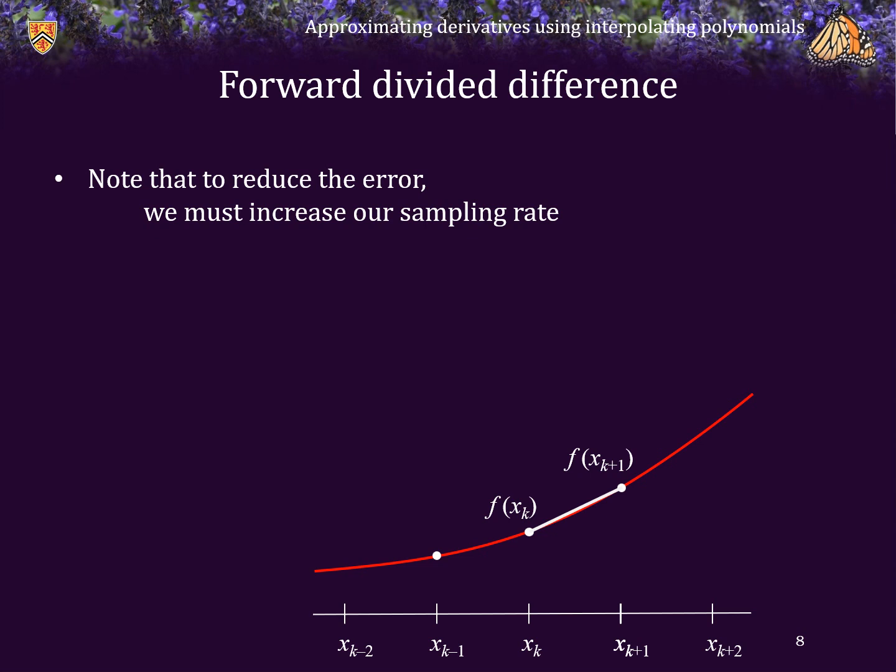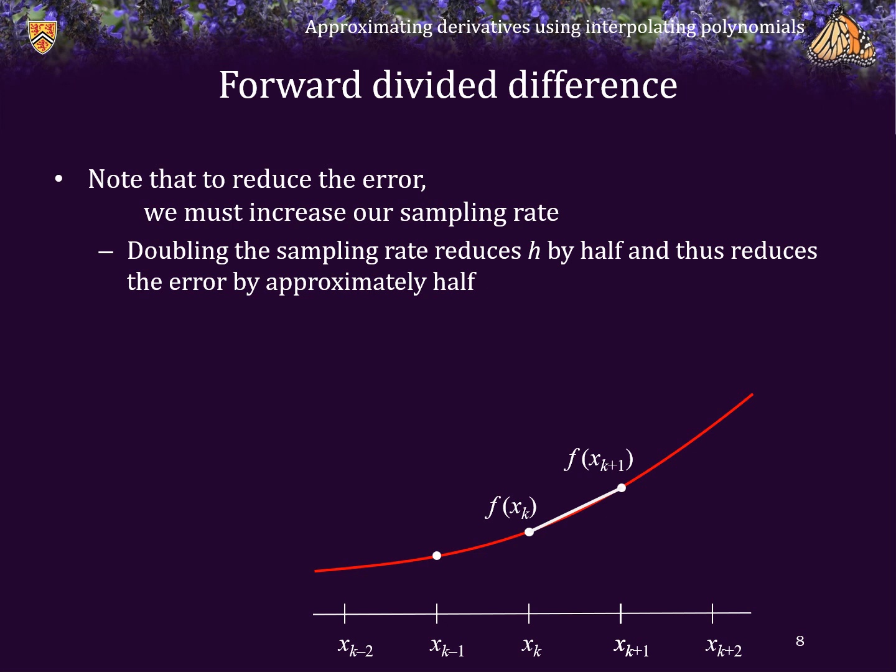All right, so since the error is multiplied by h, then if we want to reduce the error, we need to decrease the size of h. Well, the only way we can do that is by increasing our sampling rate. So, for example, if we double the sampling rate, then the value of h, the distance or time between samples, is reduced by a factor of 2.